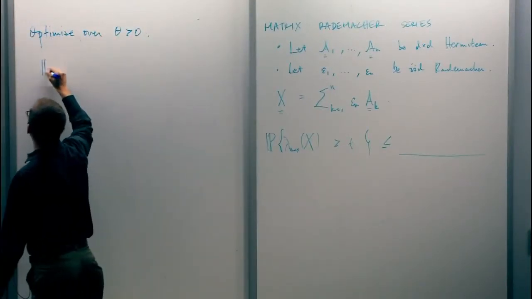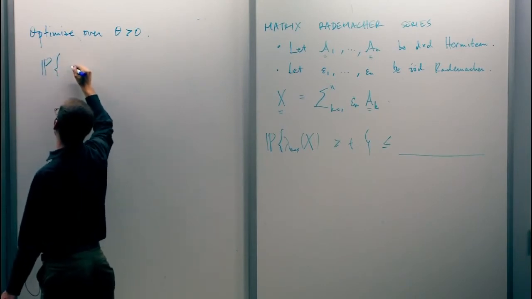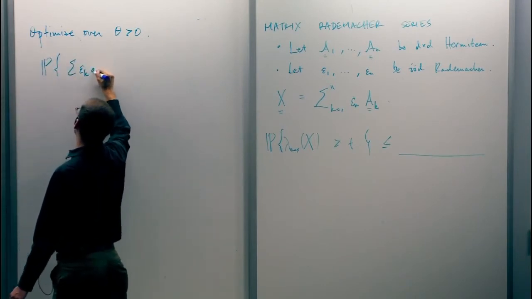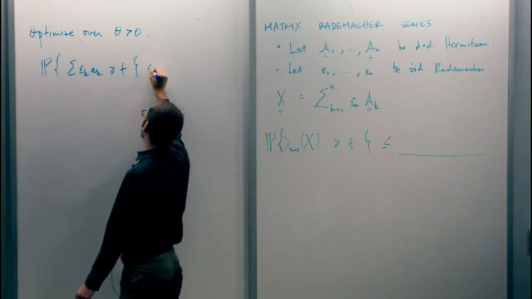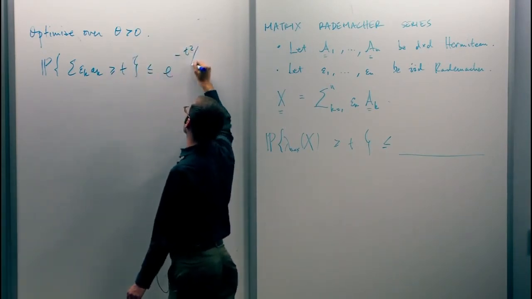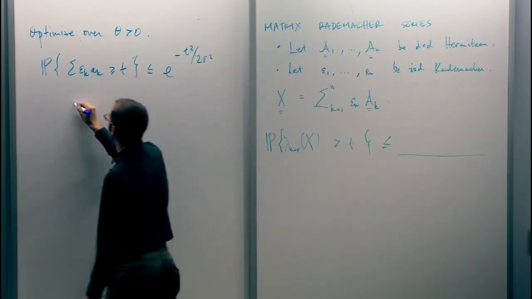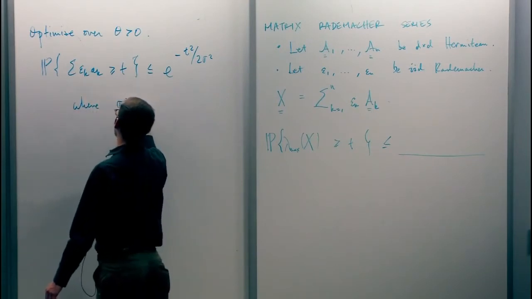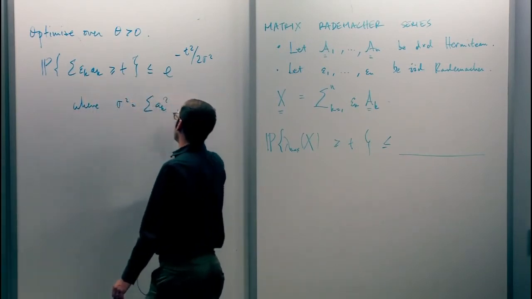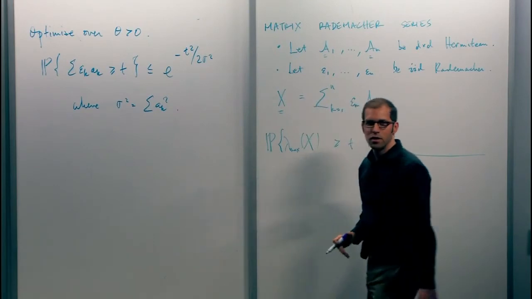And when we do that, we'll obtain the probability of the Rademacher series exceeding the level t is less than or equal to e to the minus t squared over 2 sigma squared, where sigma squared is equal to the sum of ak squared. Okay, so yes?